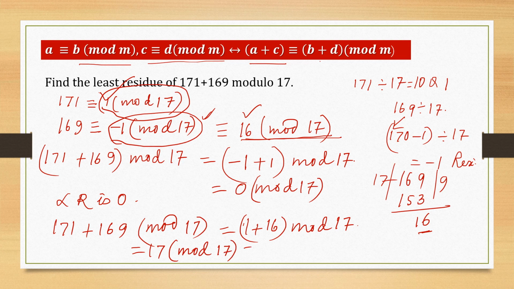Certainly the remainder here is 0. So 17 is congruent to 0 modulo 17. So least residue is 0. So certainly this method is simple to calculate.